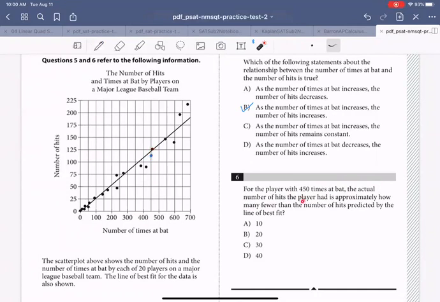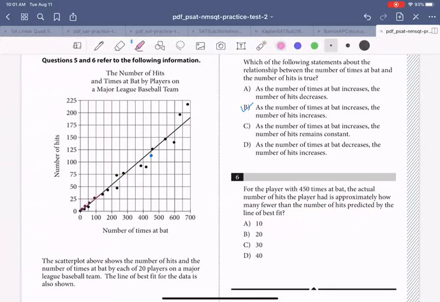So let's read continuously. The actual number of hits the player had is approximately how many fewer than the number of hits predicted by the line of best fit? So fewer than this, okay? So they are talking about this point. When you read this kind of scatter plot and you see a line, this line is exactly called the line of best fit, okay?